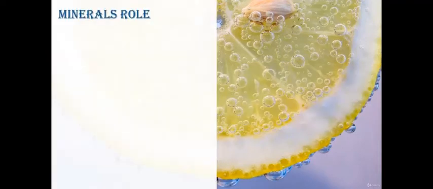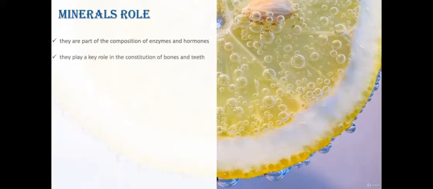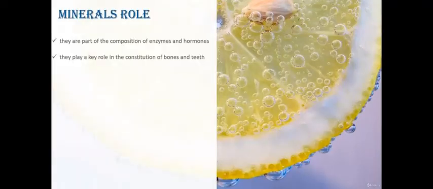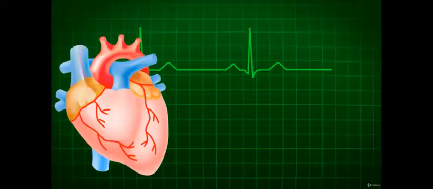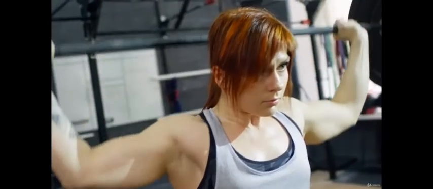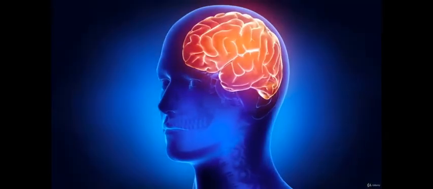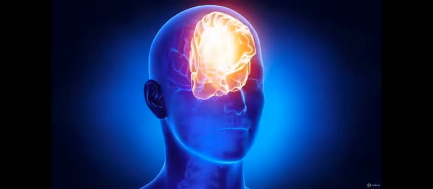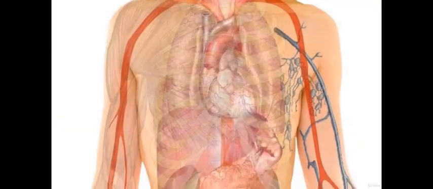When it comes to minerals' role at the metabolism level, they are part of the composition of enzymes and hormones. At the level of the structure of the organism, they play a key role in the constitution of bones and teeth. At the level of functions of the organism, they contribute to the maintenance of cardiac rhythm, muscular contractions, neuronal conductivity, and acid-base balance.